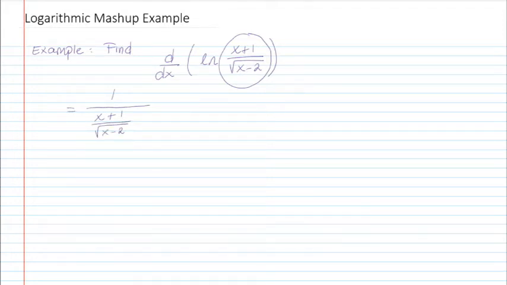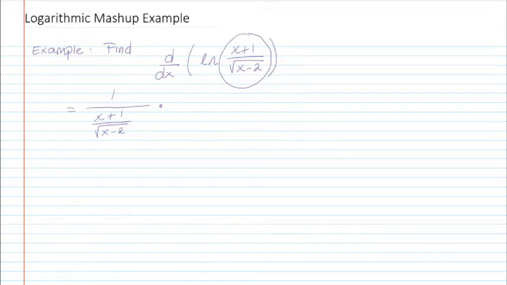Now you may be thinking, oh, I can write that as the reciprocal, but that's okay. We'll leave that for the next step. Let's just go one step at a time. So this is the derivative of ln of something. But now I have to multiply this by the derivative of the something. What was my something? It is the derivative of x plus 1 divided by square root of x minus 2.